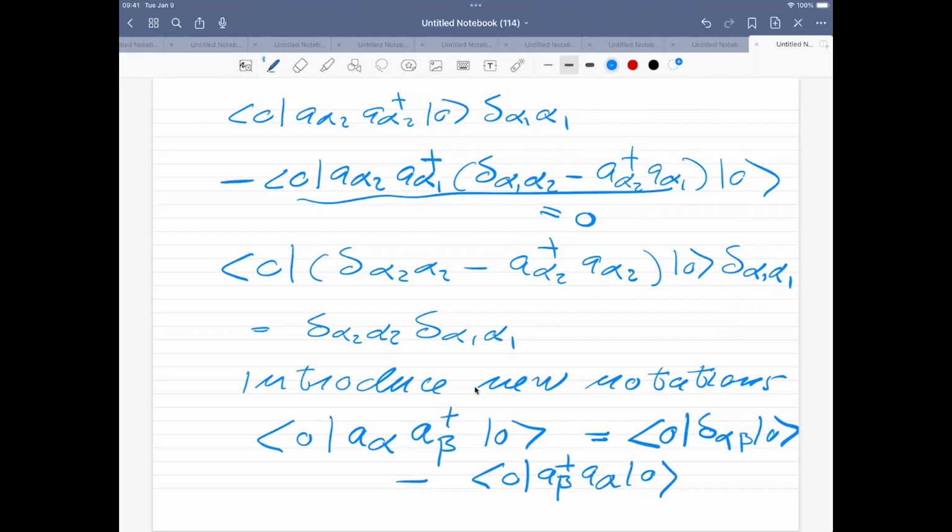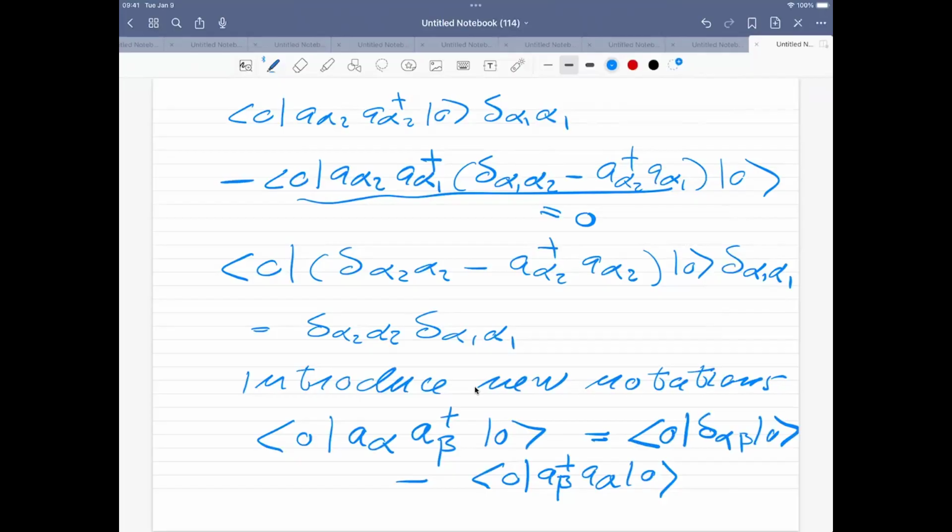So I'm just using the anti-commutation operators. What is common then is to define something which I call a contraction, which is defined by the Kronecker delta, and something which I'm going to call the normal ordered product of operators. I'm going to define what I mean by that.